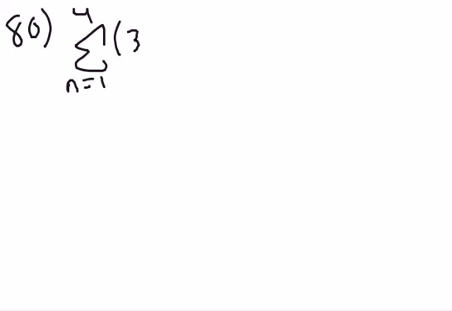Let's continue with 80. So almost there. So they say for 80 and 81, evaluate starting at the index of 1, going to 4, 3n plus 1. So all this means is you're going to write out what this notation actually means, and what the sum actually is.